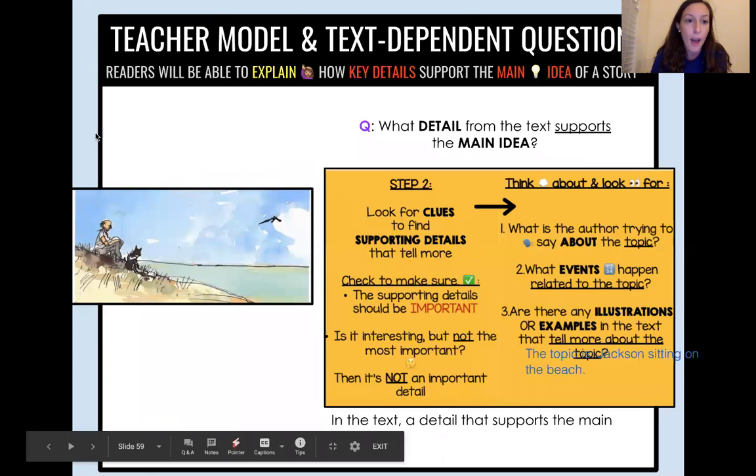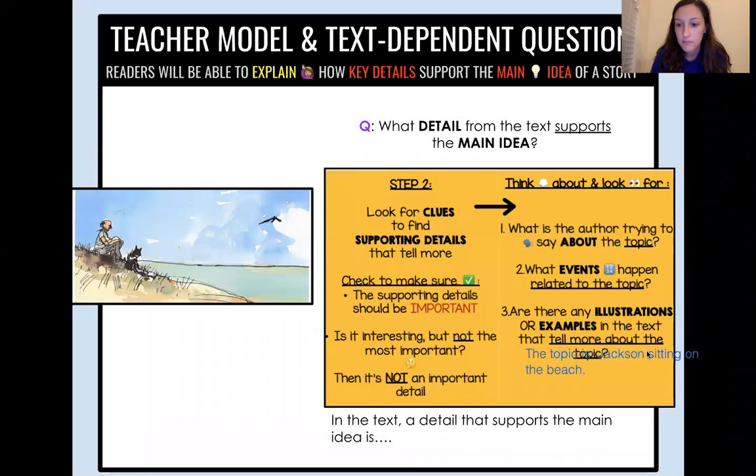And let's think about what clues tell us more about Jackson sitting on the beach. So if we think about before, in step one, we found the topic. The topic is that Jackson is sitting on the beach.